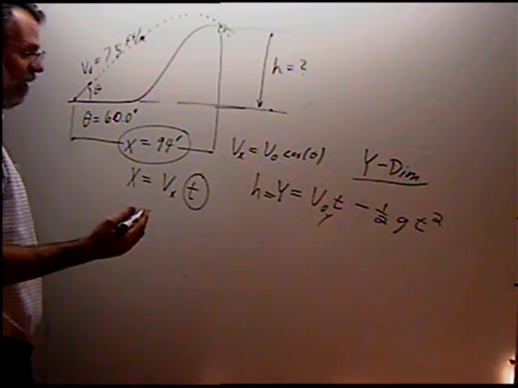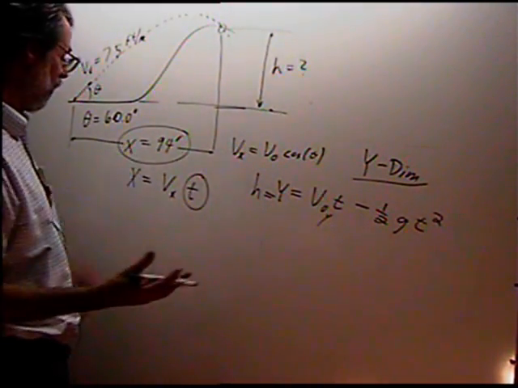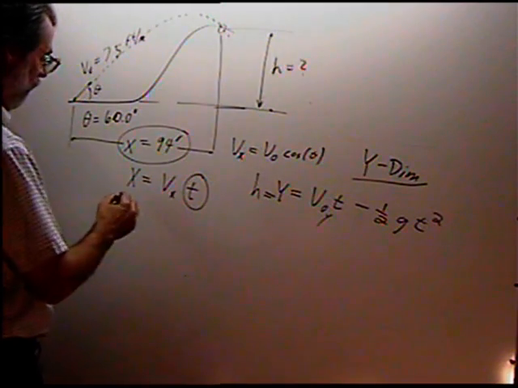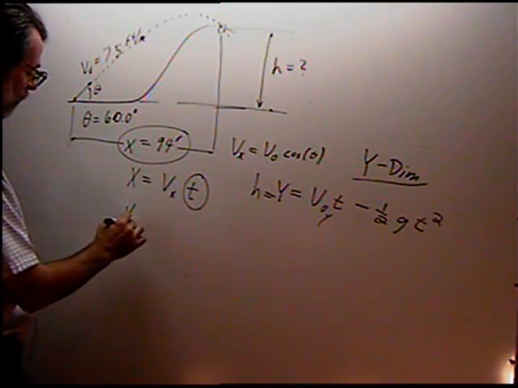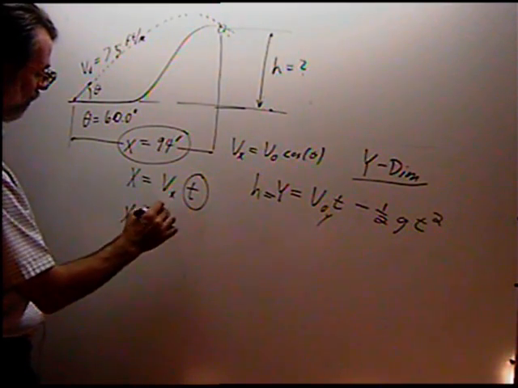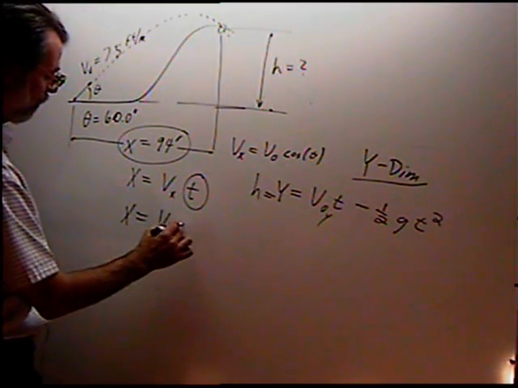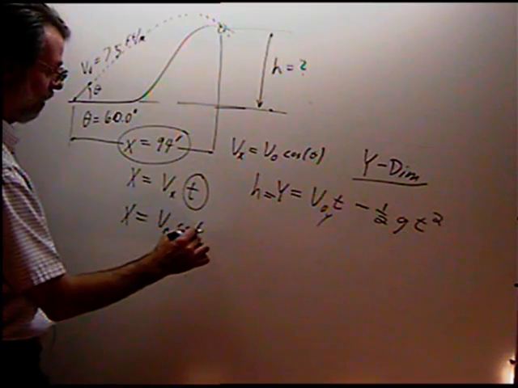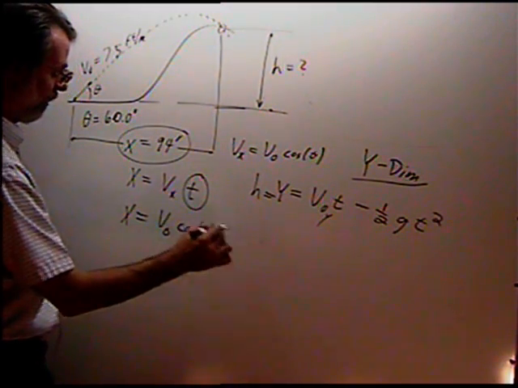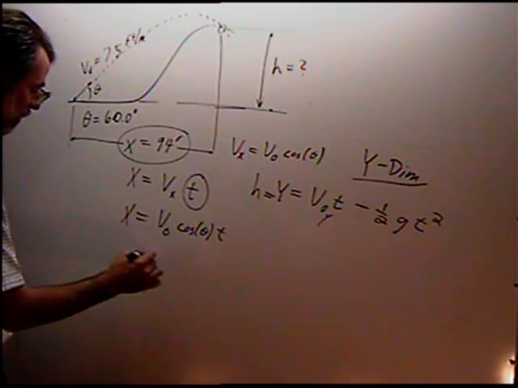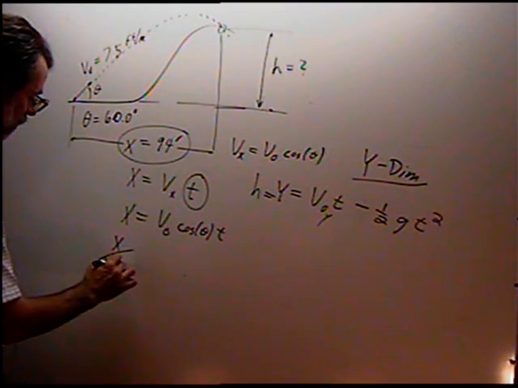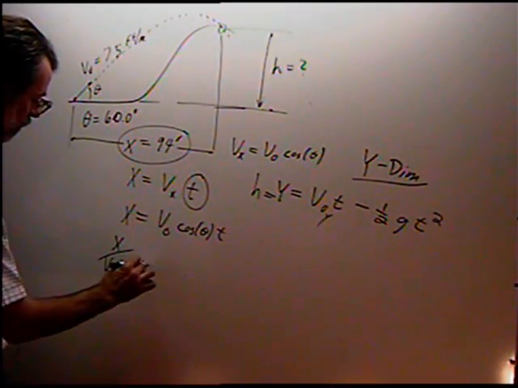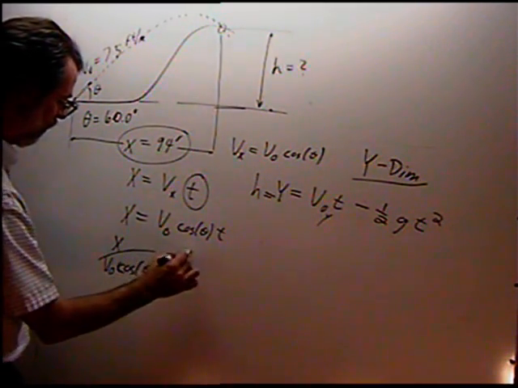Okay, so here's our two-step process of how we're going to do it. Let's solve for t here. The x distance is the horizontal velocity, is the initial velocity times the cosine of the angle times t. So t here is x divided by that.